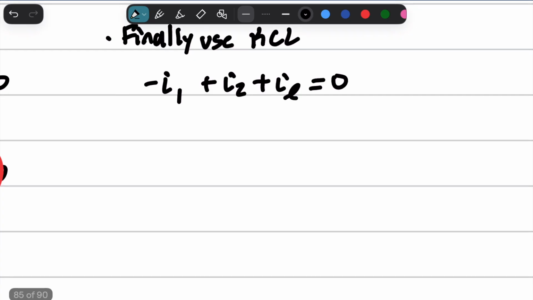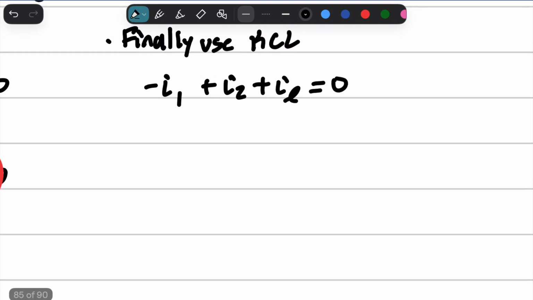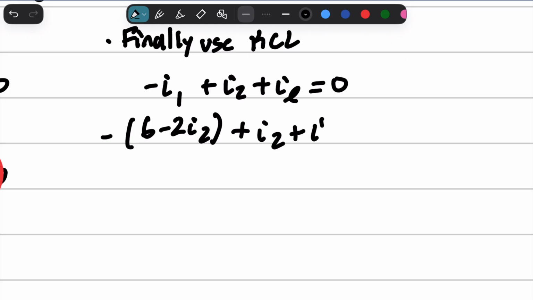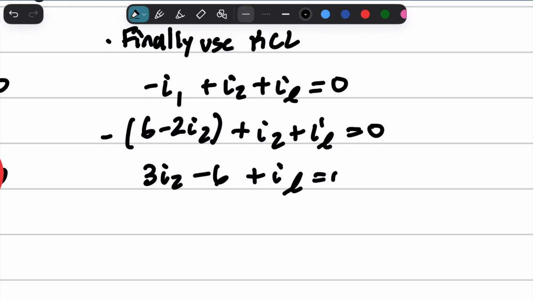And so we are going to say that we have negative 6 minus 2I2 plus I2 plus IL is equal to 0. We're going to get 3I2 minus 6 plus IL is equal to 0. IL is equal to 6 minus 3I2.